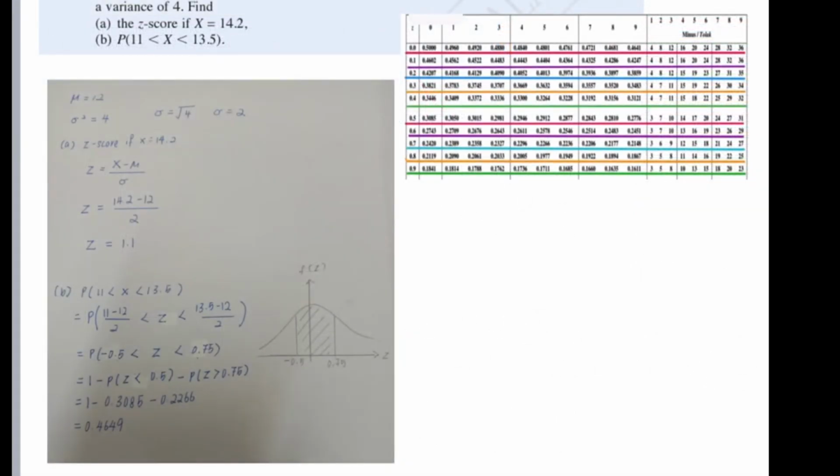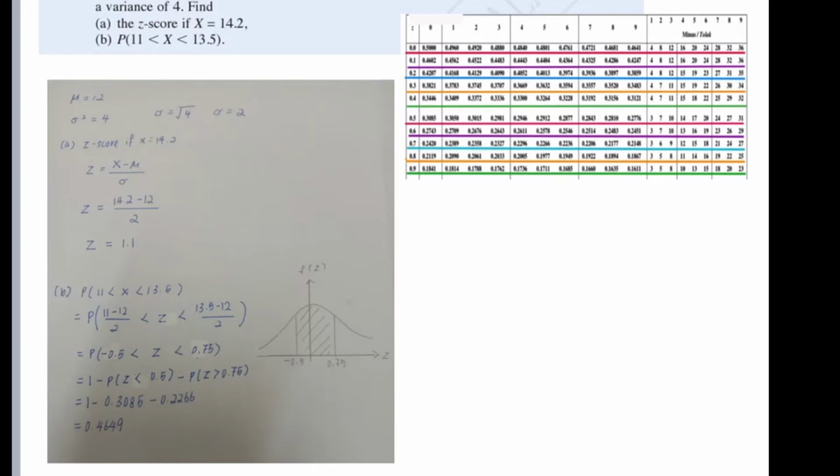Distributed with a mean of 12 and a variance of 4. Find A. The z-score if x is equal to 14.2. First, we list down the data given. Mean is equal to 12 and the variance is equal to 4. Now, I find the standard deviation, which is square root of 4, and I get 2.